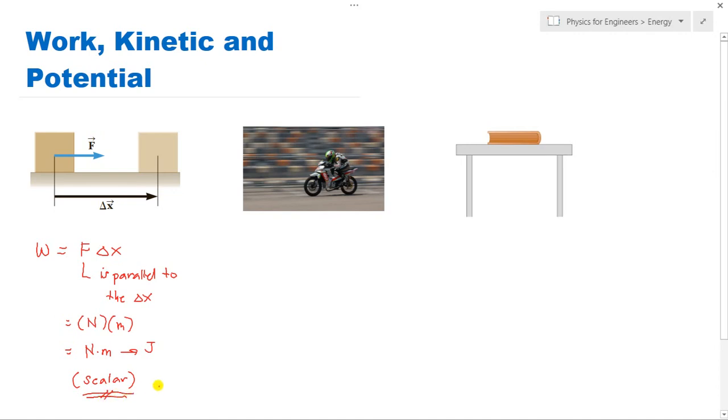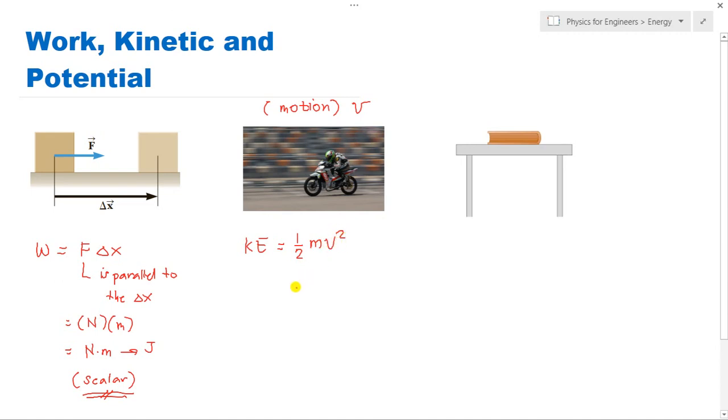Now for kinetic energy, as you can see in the figure in the middle, kinetic energy, KE, deals with objects in motion. If the object is in motion, of course it possesses velocity. So kinetic energy is just the constant 1/2 multiplied by the mass of the object times the square of its velocity.